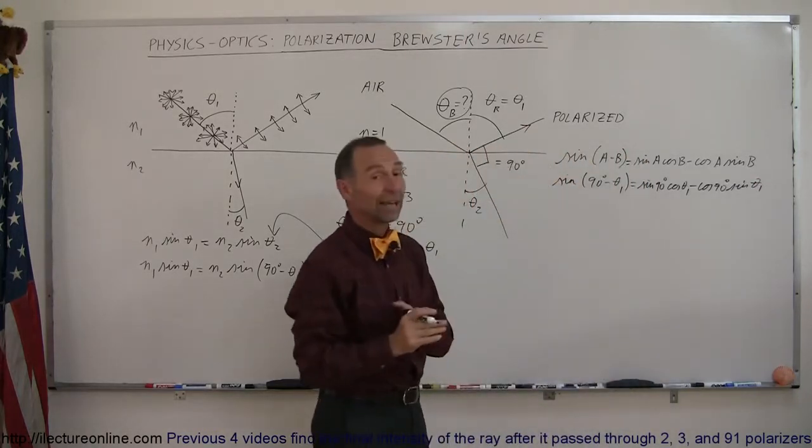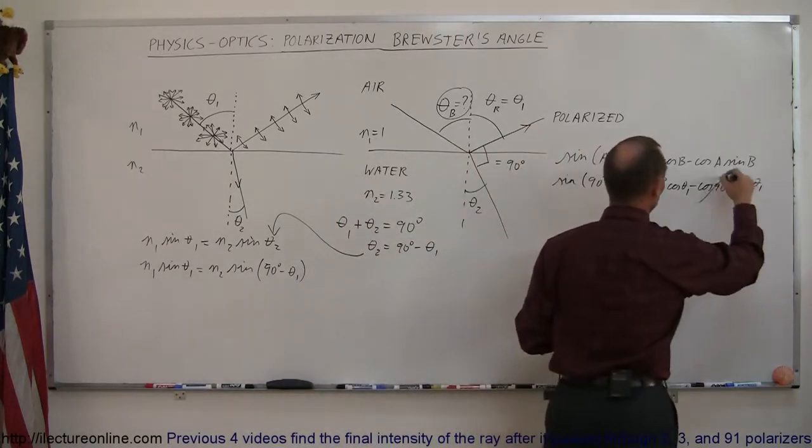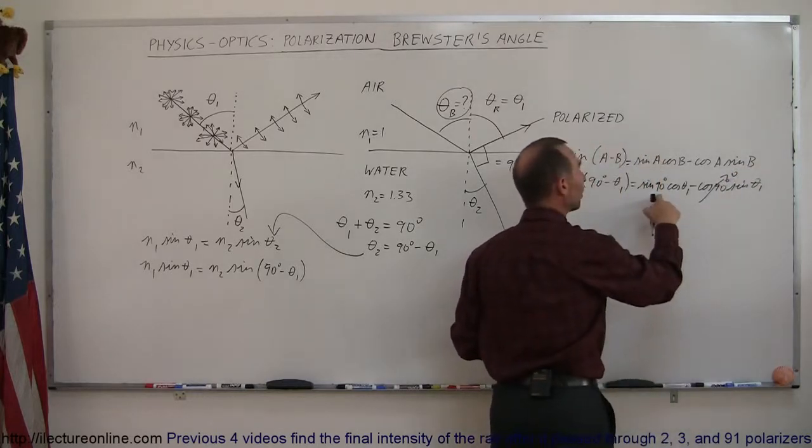And of course, the cosine of 90 degrees is equal to 0, so this term disappears, and the sine of 90 degrees is equal to 1.